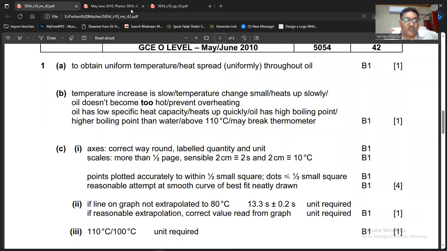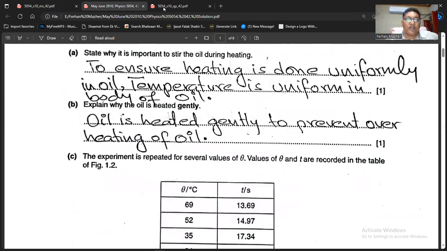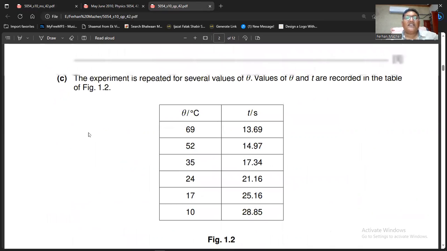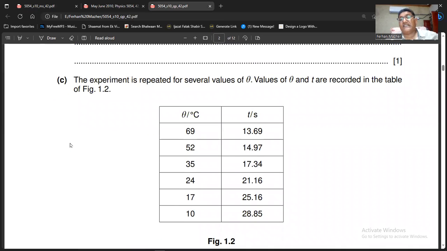Then the experiment is repeated for several values of theta, the temperature, and the time t for 200 cm³ of the oil to pass through the funnel is recorded in the table of figure 1.2. When the temperature is 69 degrees centigrade, the oil takes 13.69 seconds to flow through the funnel. At 52, it takes 14.97.